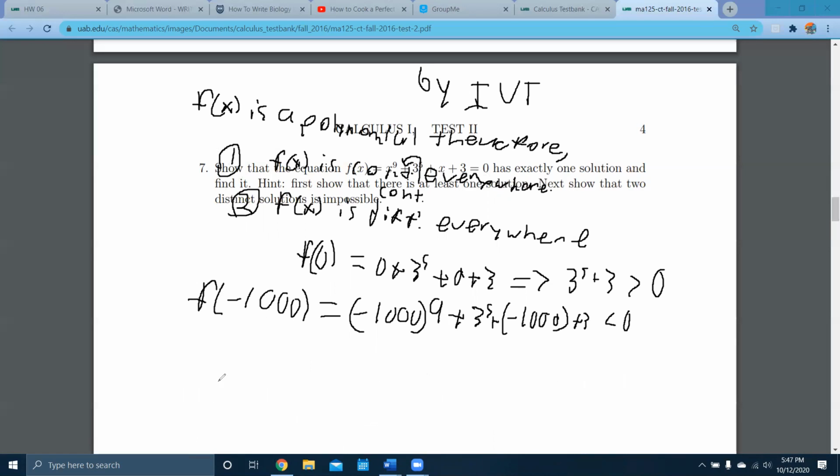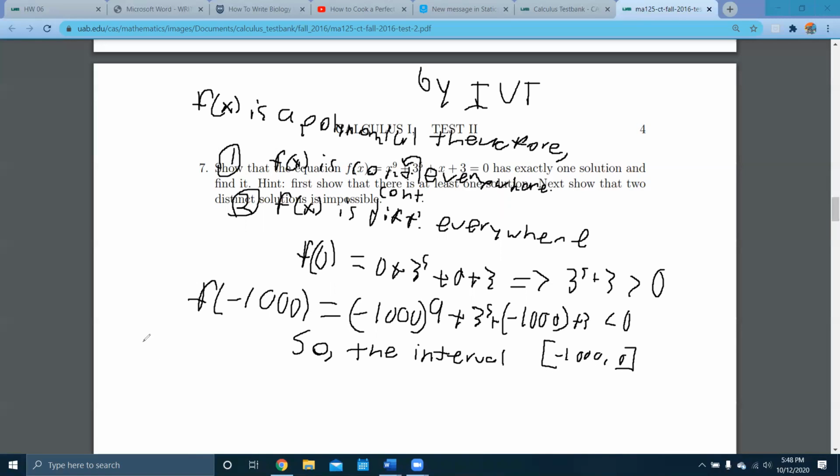All right, so now we have that the interval is negative 1,000 to 0.